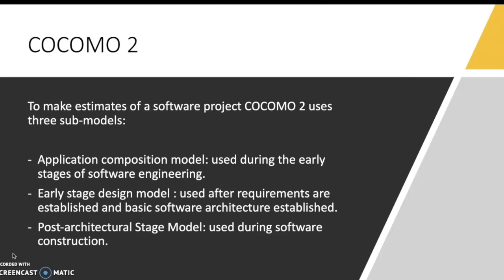To make estimates of a software project, COCOMO 2 uses three submodels. Application composition model, used during the early stages of software engineering, when prototyping user interfaces, considering the integration of the software and the system, assessing performance, and evaluating the technology maturity.